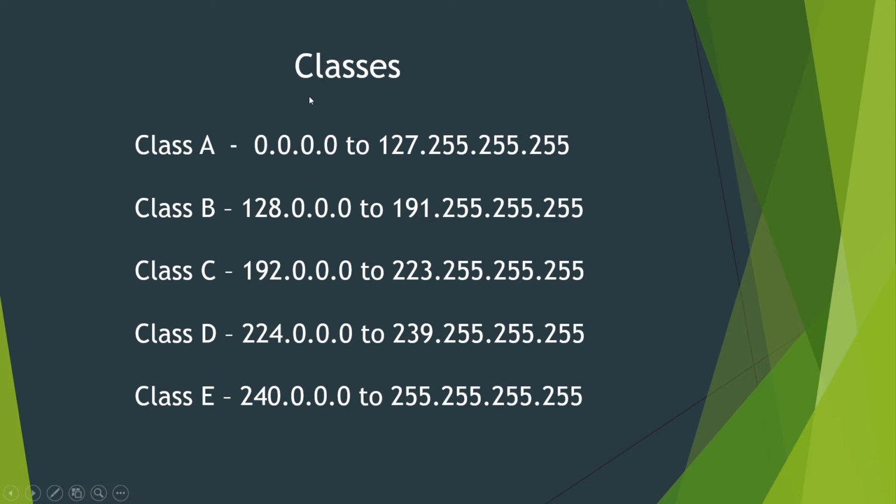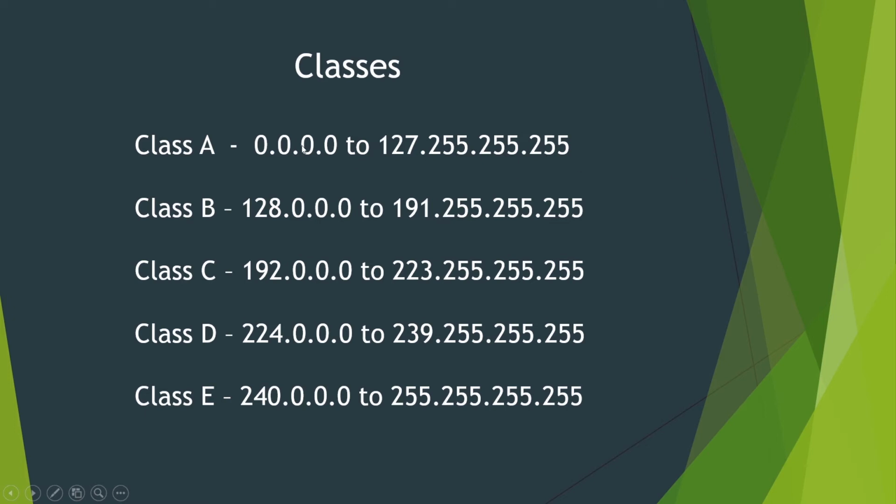Based upon these IP addresses, there are 5 classes, and the first one is class A. Class A is from 0.0.0.0 to 127.255.255.255.